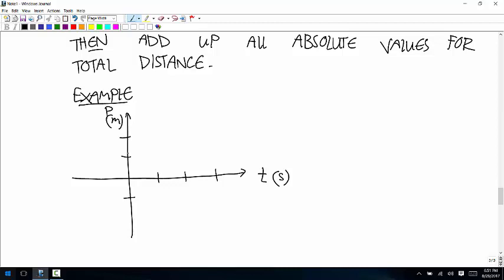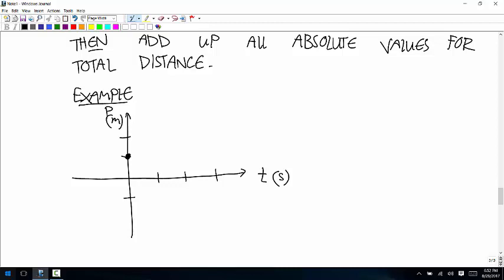Time is equal to 0, so it's going to be somewhere along this axis. Position is 1 meter, so it's going to be here. And then second, let's say that at 1 second, the object is at positive 2 meters.